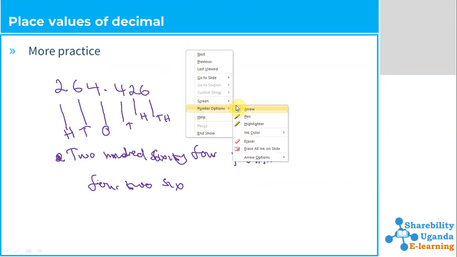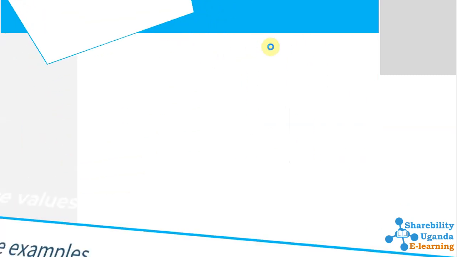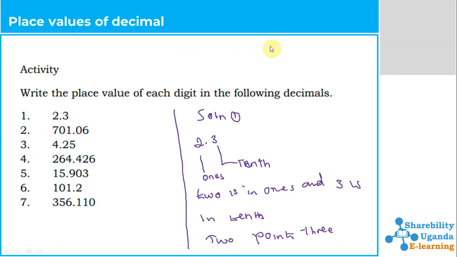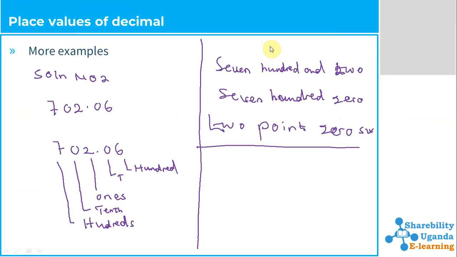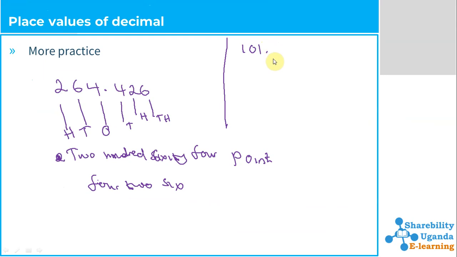You can try it from here. 101 point what? 101.2. 101 point 0.2. Okay.